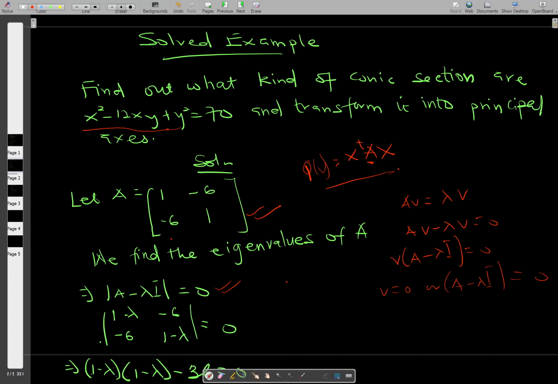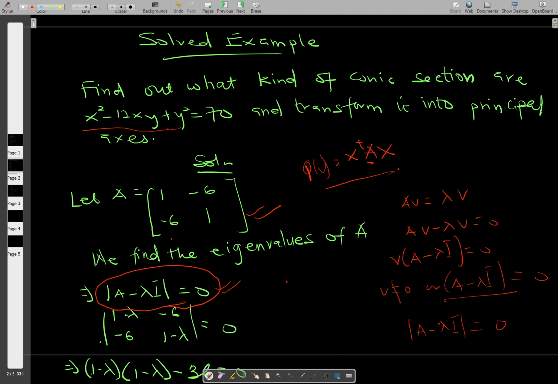But if v is equal to 0, we get the trivial solution. So v is not equal to 0, and automatically the determinant of A minus lambda I is equal to 0.